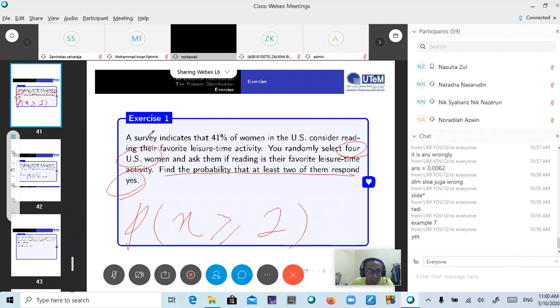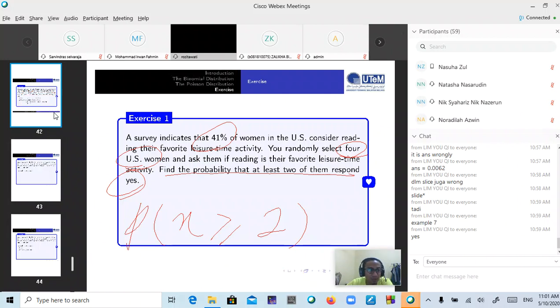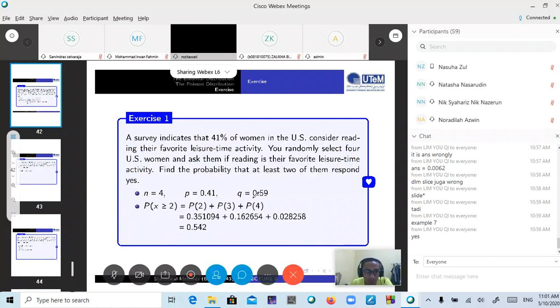So, probability of success, 41% consider reading their favorite leisure time, maksudnya 0.41 is your P. And then 1 minus 0.41, so you can get Q. So this one, your P is 0.41 and your Q is 0.59.